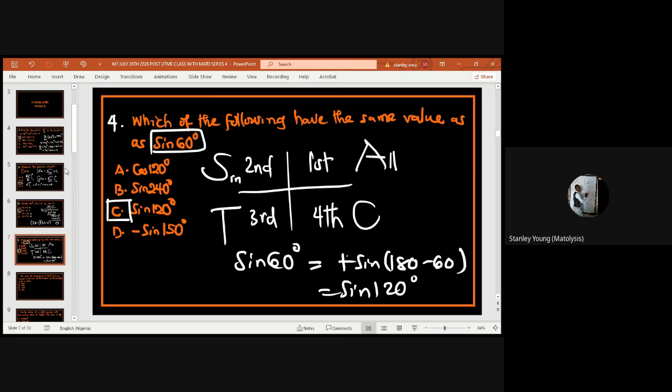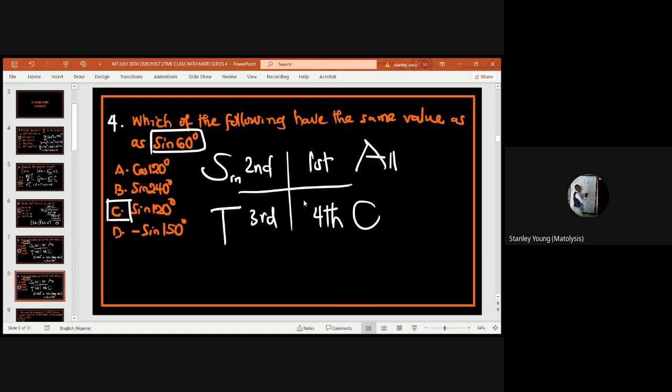Let me just quickly do the summary for you in case they give you a different quadrant. For the first quadrant, we make use of an angle 180 degrees minus theta.